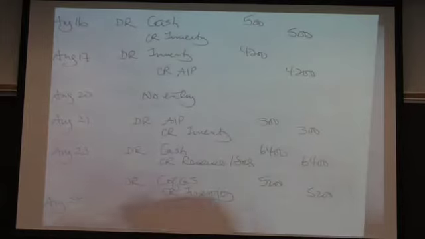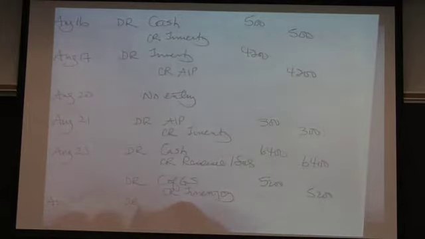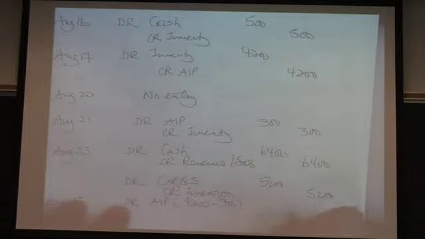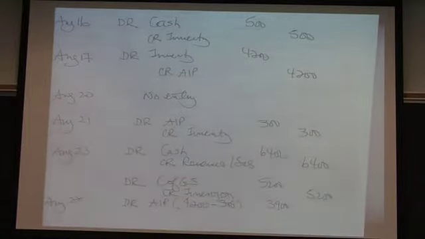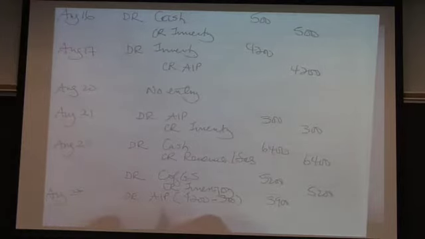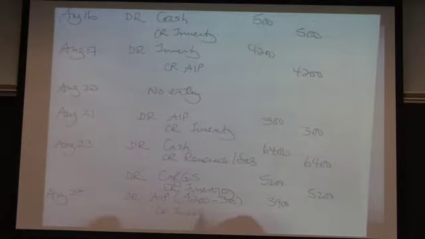So first, we're going to debit accounts payable because we no longer owe it. And that would be the $4,200 less the $300, $3,900. Now, we need to calculate the discount. So we're going to credit inventory for the discount.